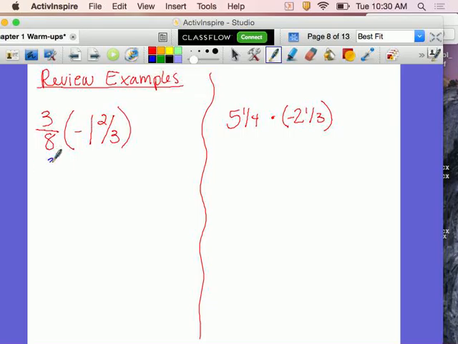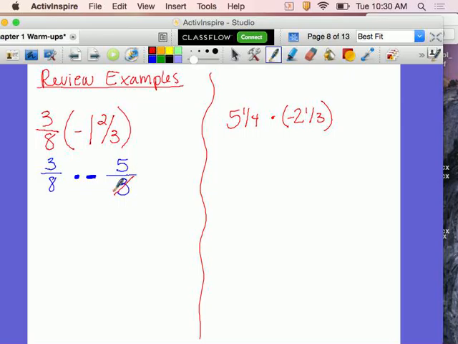So I'm going to take my 3/8 and multiply it times, this is negative. I'm going to make my negative really big so I don't lose it. Let's see, 1 times 3 is 3, 4, 5 thirds. Okay, now I can check for cross canceling, or if I don't care so much because these are small numbers, I can just multiply, but I always like to simplify right away.